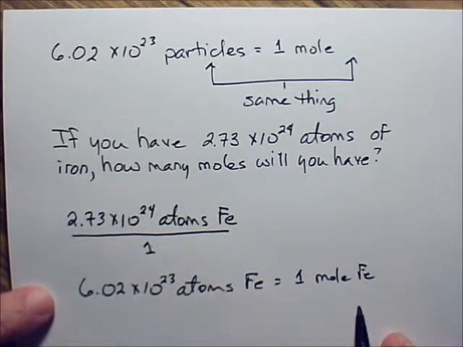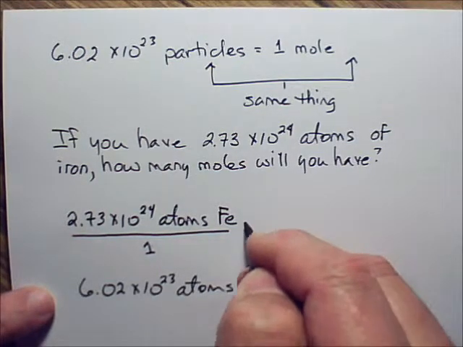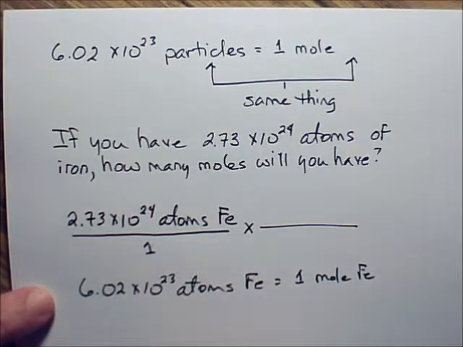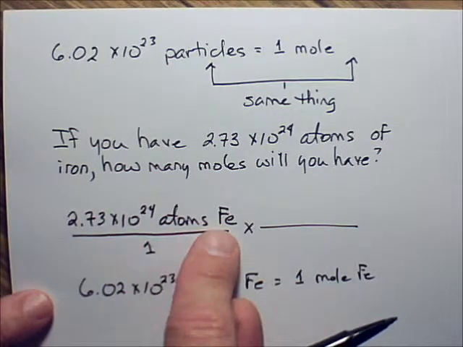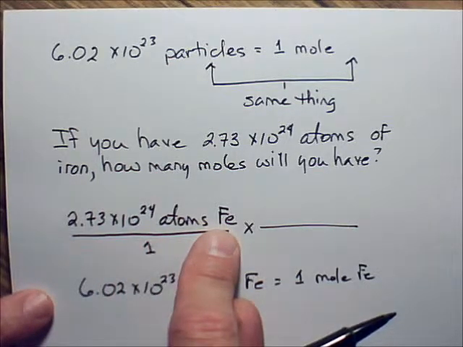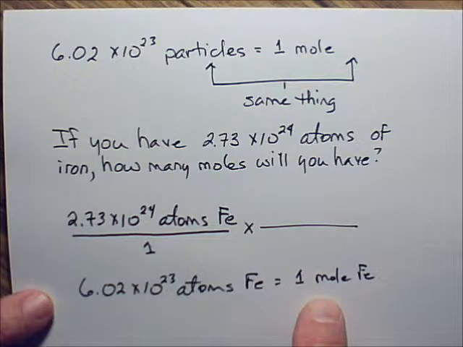All right, that's an equality statement. We build a conversion unit from an equality statement. The way we build a conversion unit is this: we look at the previous step in the problem and match the units and species with the side of the equality statement that it's like.